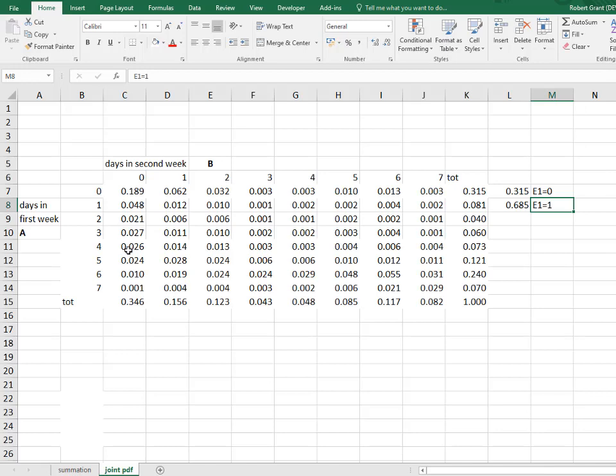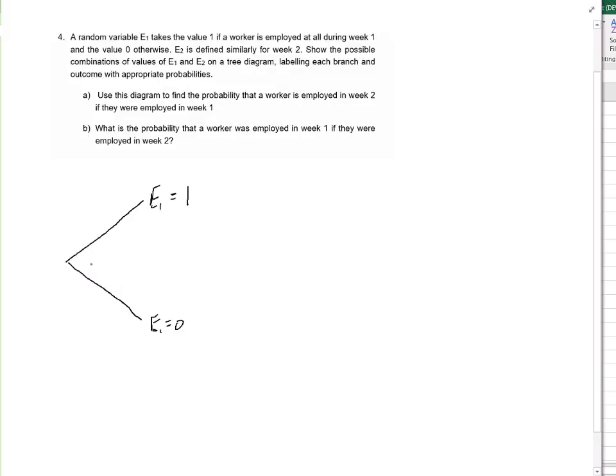So this represents the first week, so the chance they got some work, and the chance they got no work. It was 0.305, 0.685.